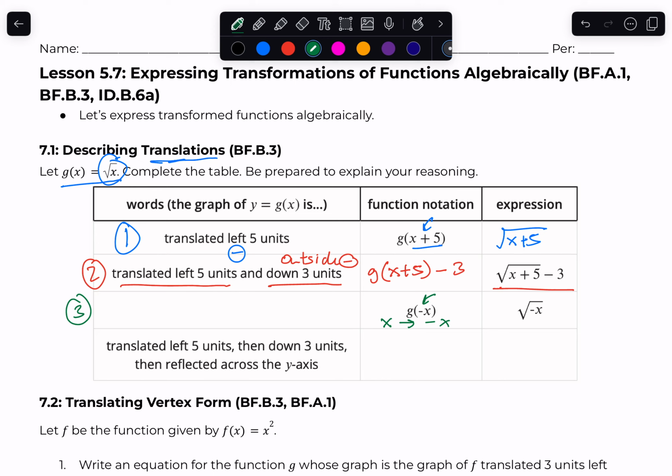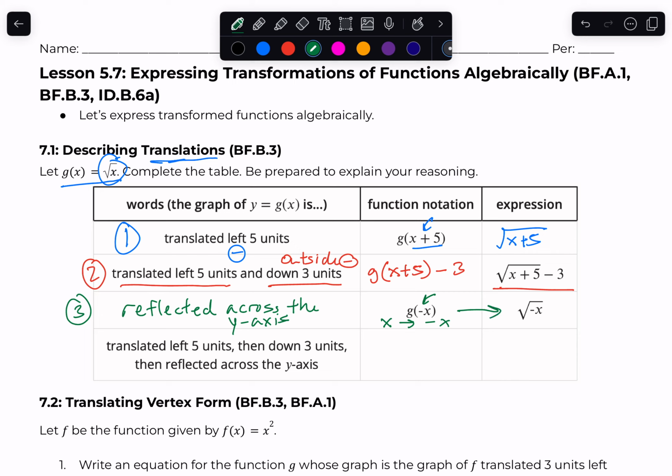So if you go back to your notes from 5.5, you'll see that we're reflecting across the y-axis. So that's what's happening here. We are reflected across the y-axis. Good. So that's what we did there.